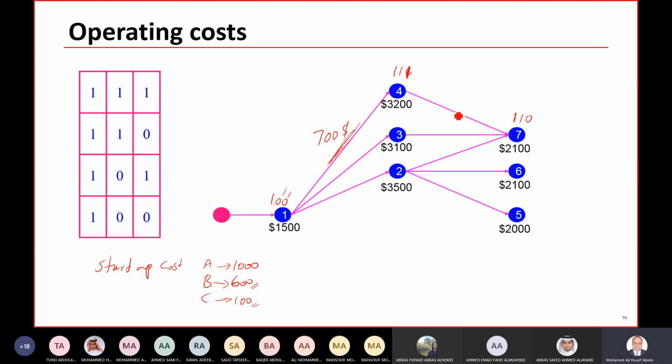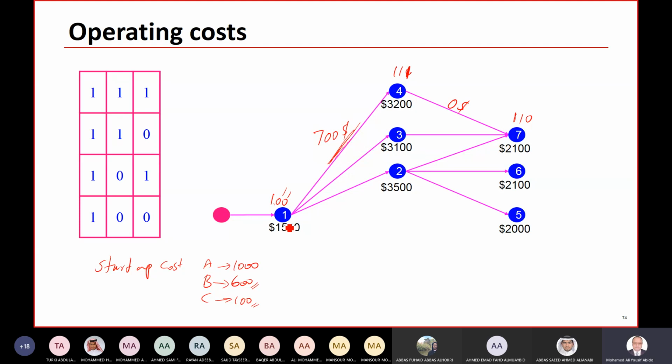Did we switch on? Zero. Did we start up a new plant? No. So it is $0. Here, unit A stays on, B also stays on, and we switch off this one, which is not a problem. This is not starting up. This is shutdown. We assume the shutdown cost is 0. So in this case, you have 0 cost here.